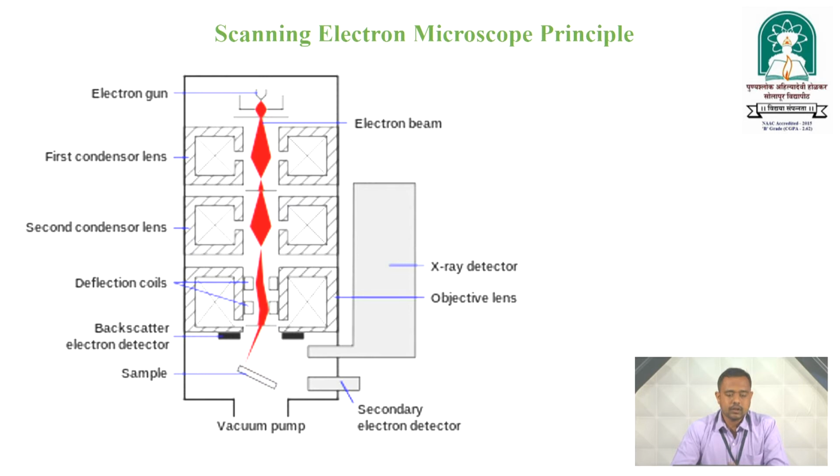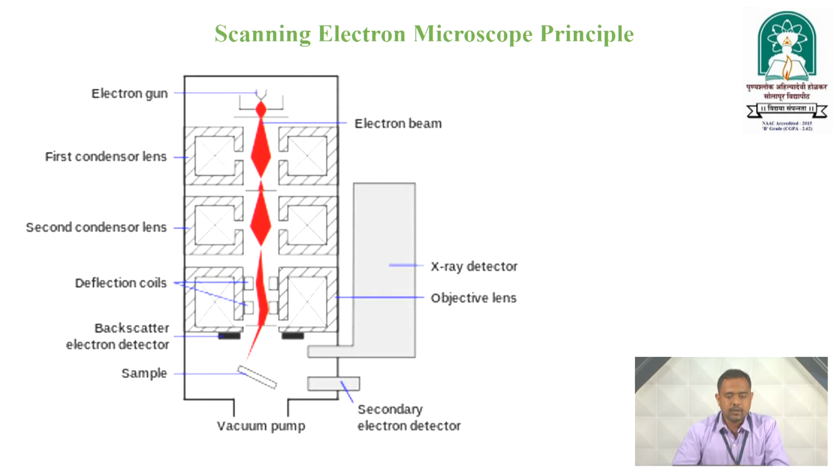This is the schematic of the electron microscope we have shown here. It consists of, firstly, the main requirement, the electron gun, which is the source of the electron beam to analyze the samples. The electron gun has two types, which we will discuss later also: the hot filament and the cold filament.